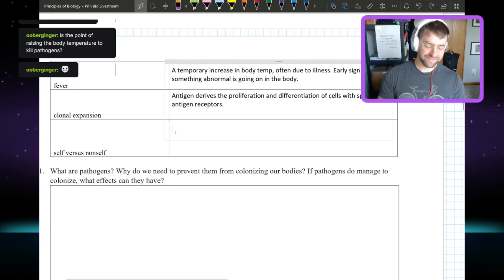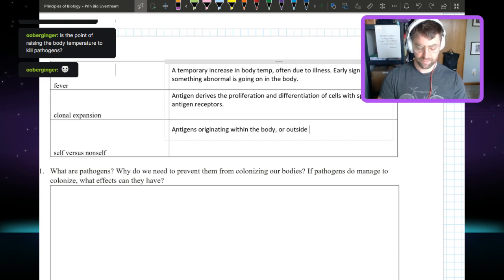Self versus non-self. Yep. Self, antigens originating within the body.